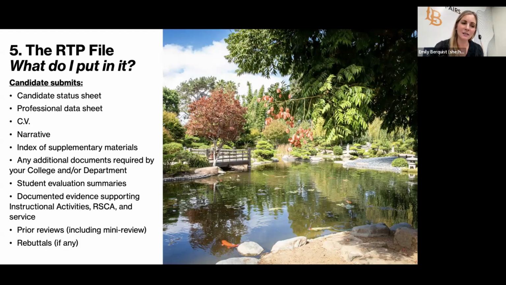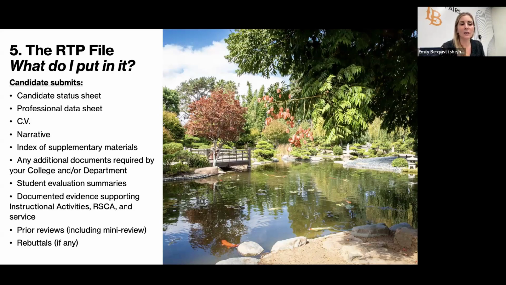You're going to create an index of your supplementary materials. You're going to have any additional documents required by your college and or your department. You will have student evaluation summaries. So not every single student evaluation form that was submitted rating your course, but the summaries of how you're rated throughout the entire class.